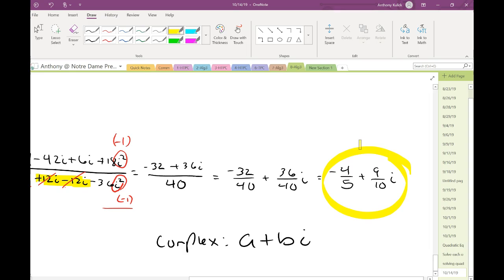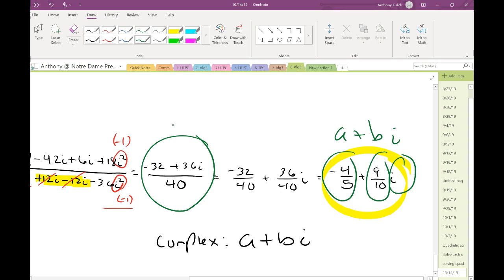So I need something that's written as a plus bi, which is not how this is written. So the last part there is just for style, to make sure that I've written my answer as a complex number. Is that okay there?